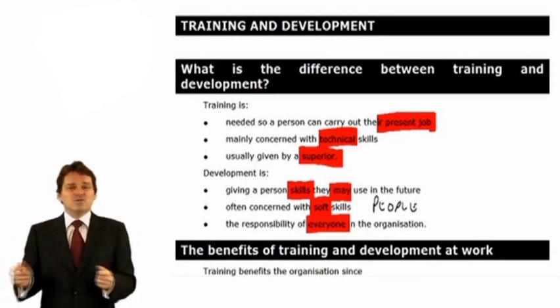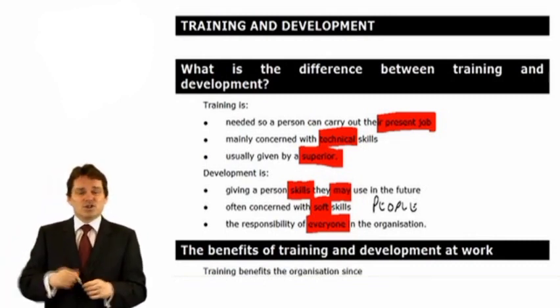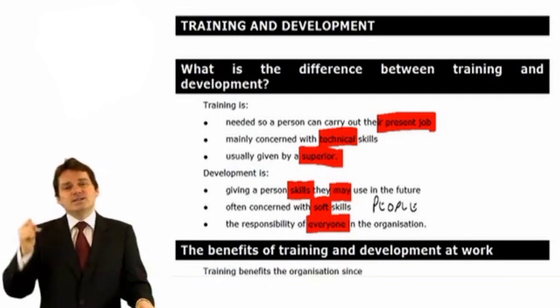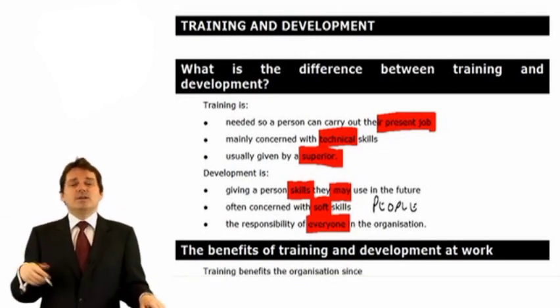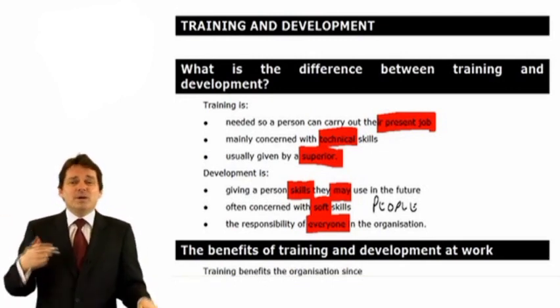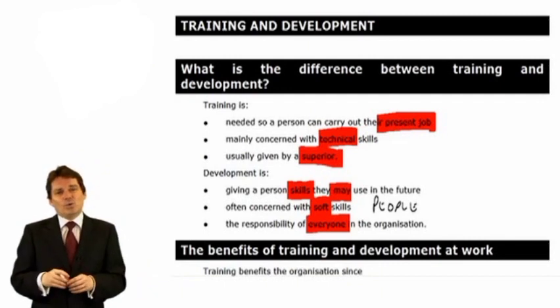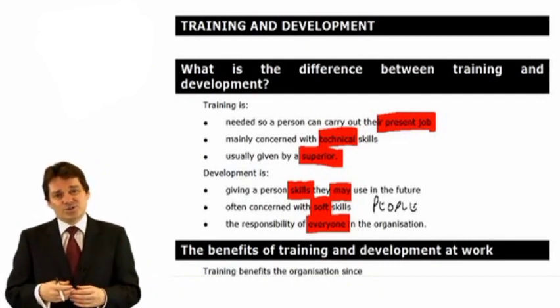Now, there are a lot of training costs in an organisation that are like that. You send somebody on a course. You get an outside lecturer to come in and give a talk about something. But even things inside the organisation still have a cost.